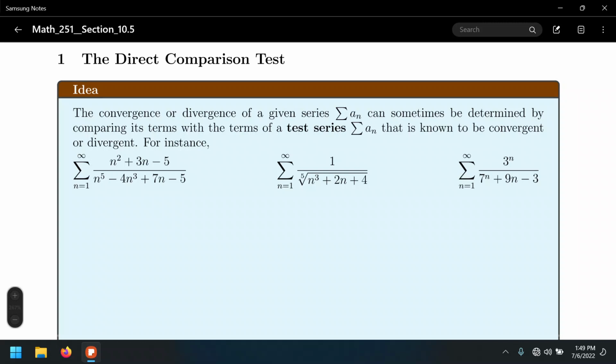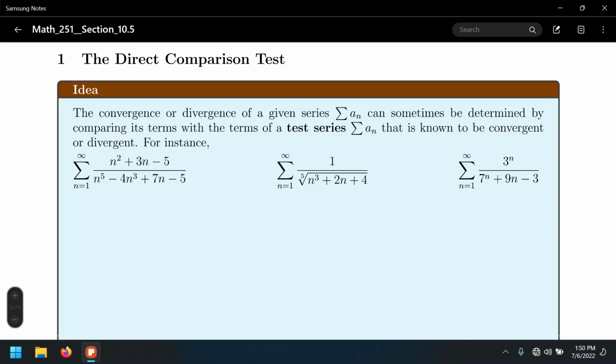So typically, we would relate this series to something like a p-series or a geometric series, which are the ones that are very quick to get their convergence or divergence.